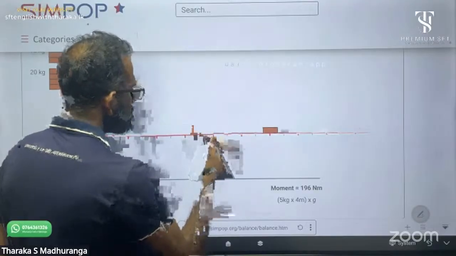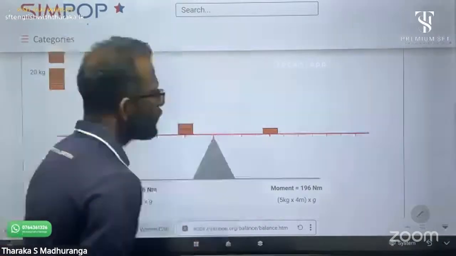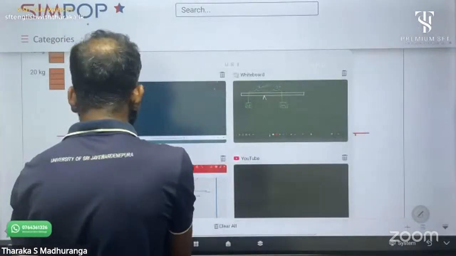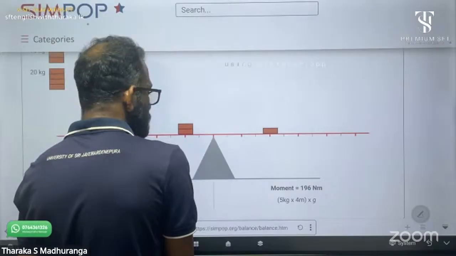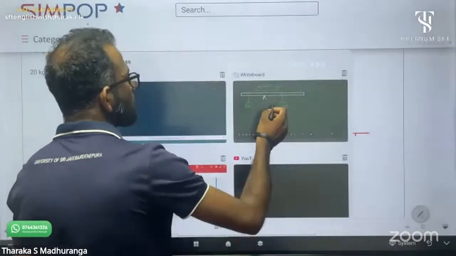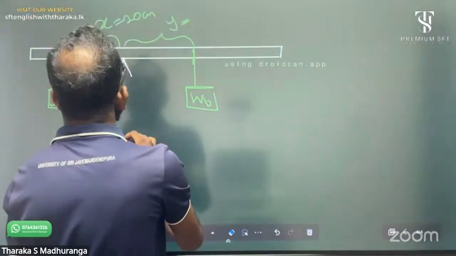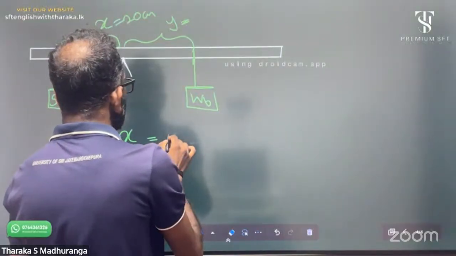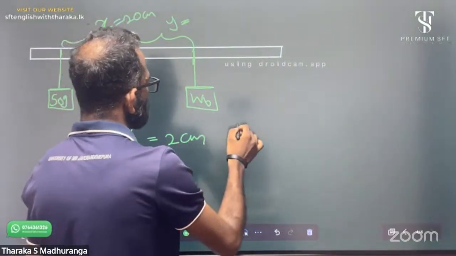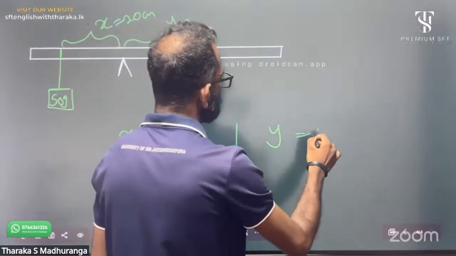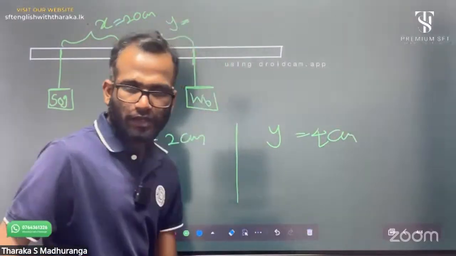Right? X distance and y distance. Okay, I'm going to mark them. Let's say it is in centimeters. It is 2 and 4. In the first stage, x was 2 centimeter and y was 4 centimeter. Right?